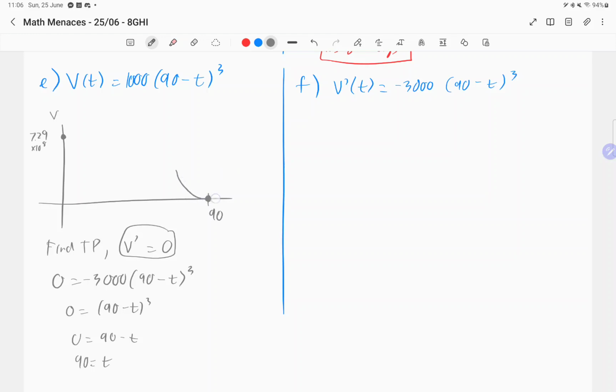So it will be a local minimum and it will go up. But remember, we calculated the volume is 0 at 90 days, so it doesn't make sense to have this section of the graph. So just stop it. It'll be somewhere like that.